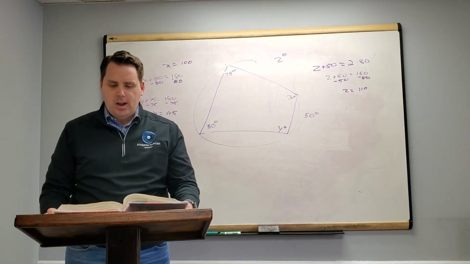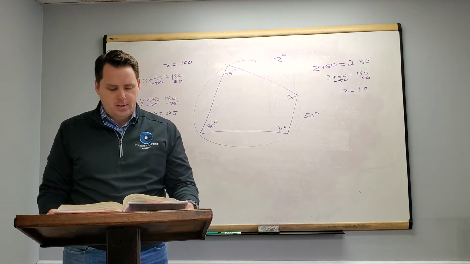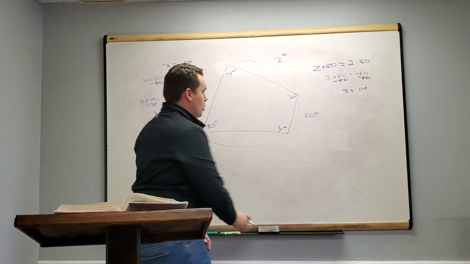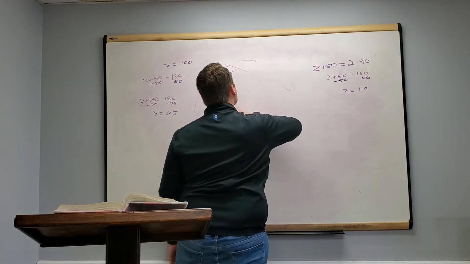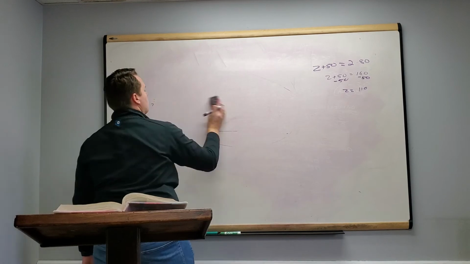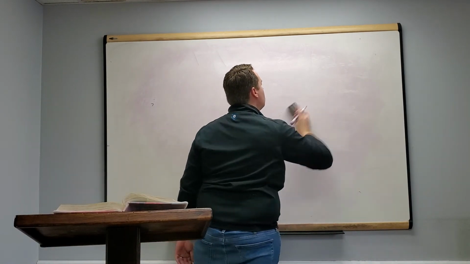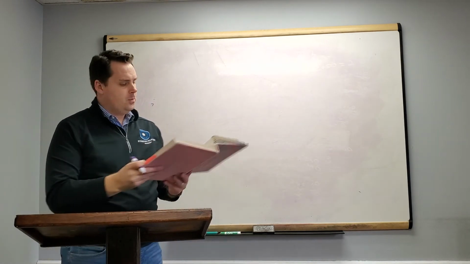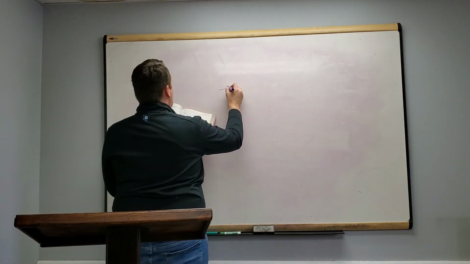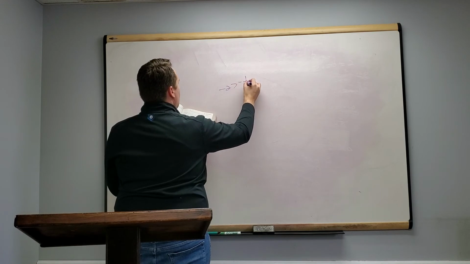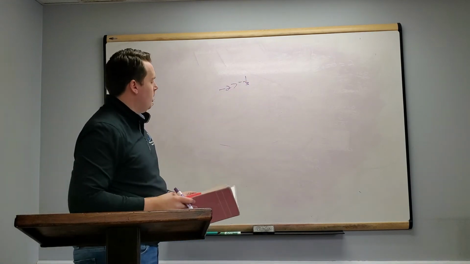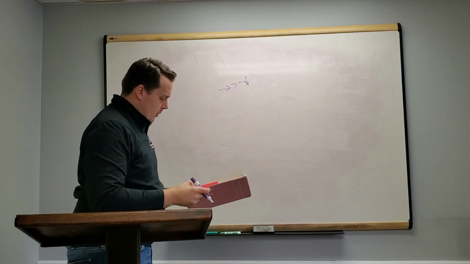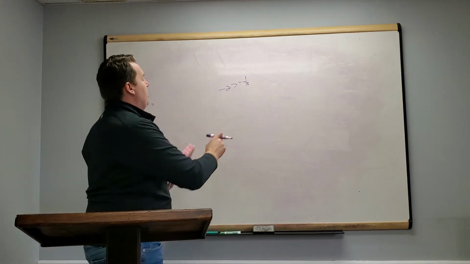Now let's talk about fractional exponents. Let's erase this. Negative 27 to the negative 1/3 power. The first thing I need to do is not have a negative exponent.